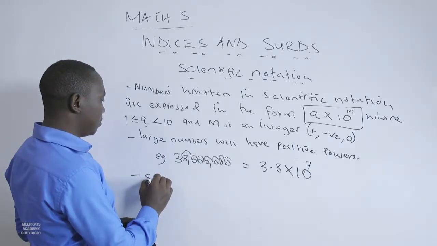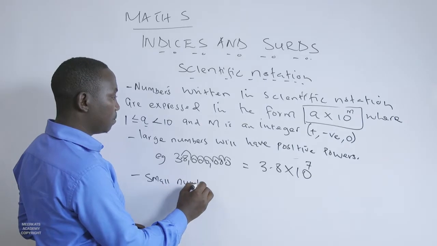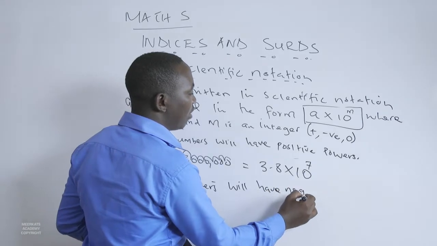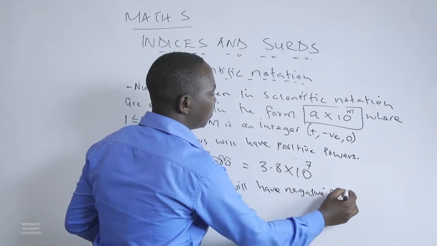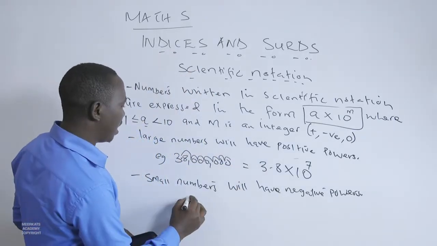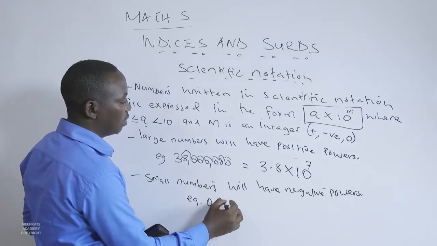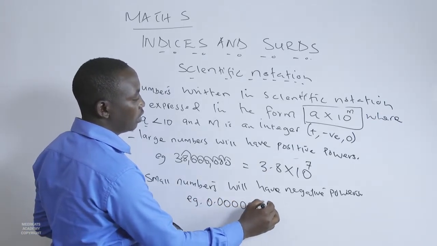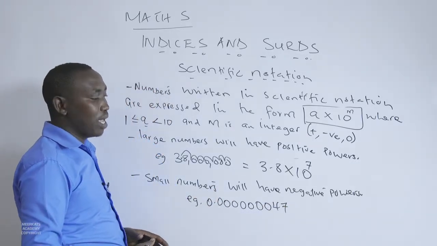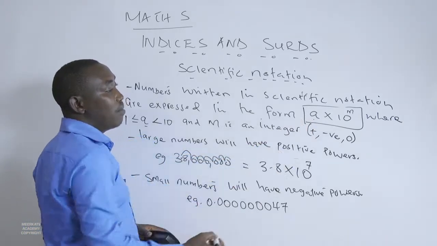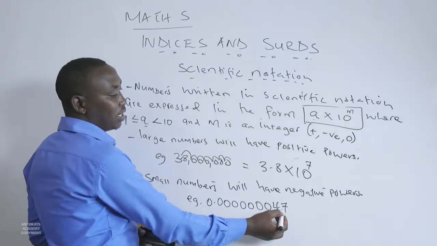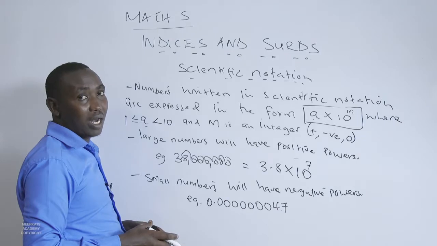But for small numbers, we'll always have negative powers. Let's give an example of 0.000000047. This is a very small number. If you need to trace your A, which should be strictly less than 10 but at least 1, that tells you your decimal point should go between 4 and 7.